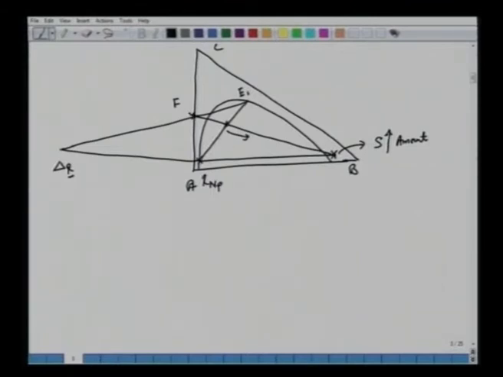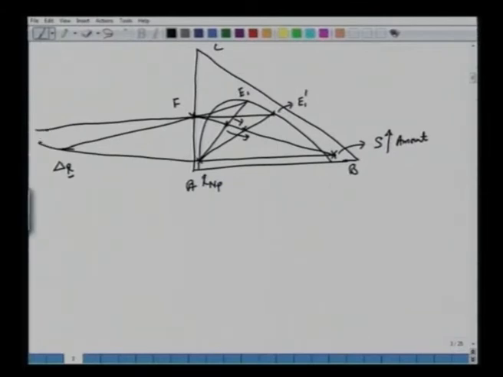If we decrease the amount of solvent, then this M is going to move further here. Then if we connect this raffinate, we get another E1 prime, and now if we connect F, this point is going to move in this direction, del R double prime.